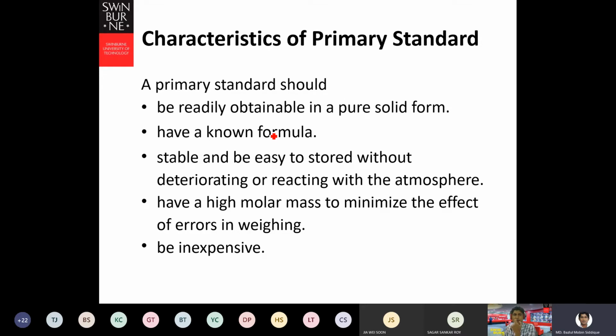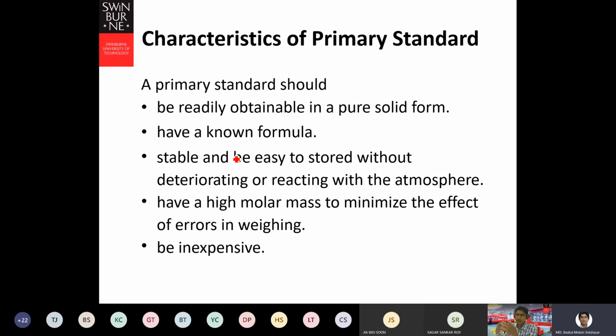It should have an exactly known formula, like KOH or NaOH or HCl. And it should be easy to store.